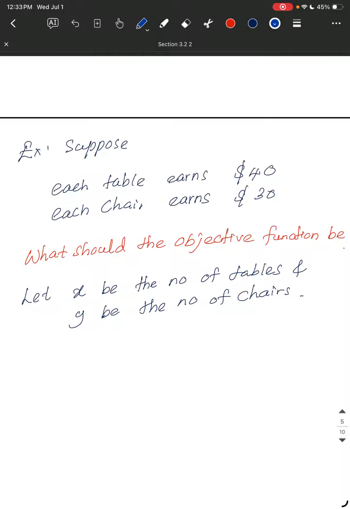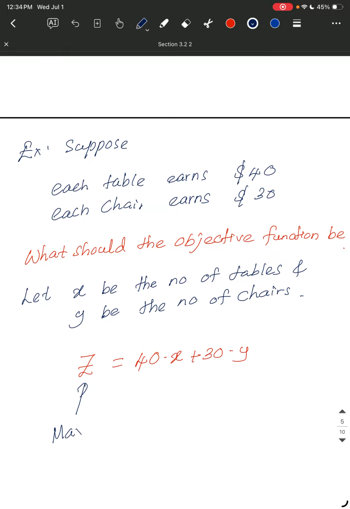Per table we can earn $40. So we want to maximize the profit earned from x tables and y chairs. So z equals 40 times x plus 30 times y.